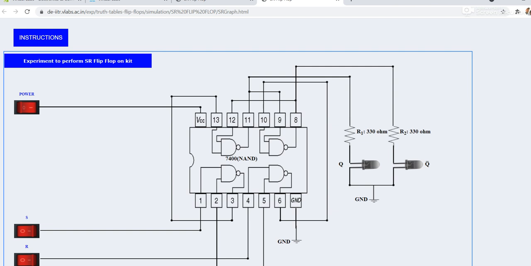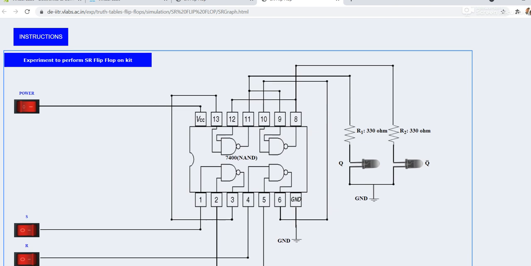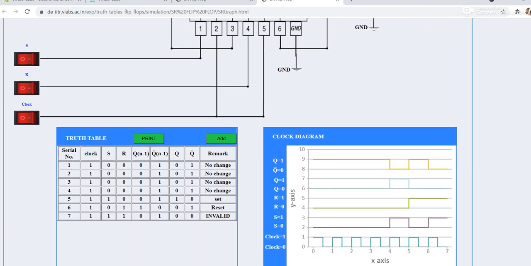Next condition, S equal to 0, R equal to 1: this is the condition for reset. The third condition is 1 0, S equal to 1, R equal to 0, which is the set condition. And the last condition is 1 1, for which we will get an invalid output.